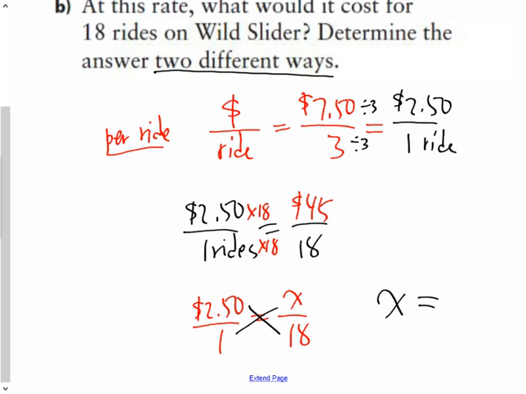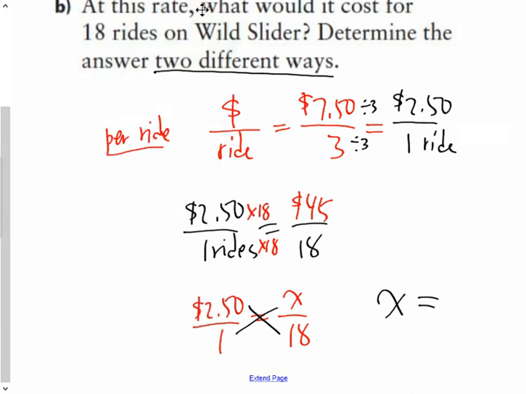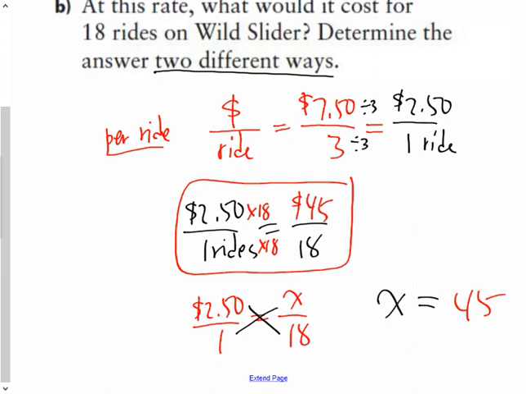So if I take my 250 again and multiply it by 18, I still get 45. X equals 45. Either method works. Probably this is what most people would have done, but understanding that if you have a unit rate and you're solving proportions, one side will be just X by itself and the other diagonal multiplication will be your answer.